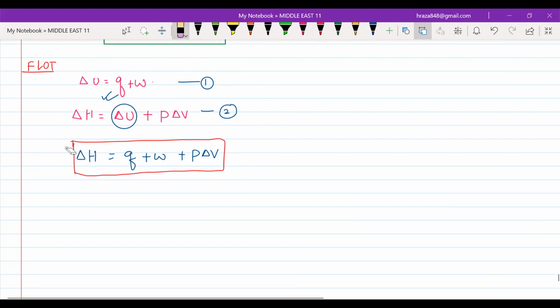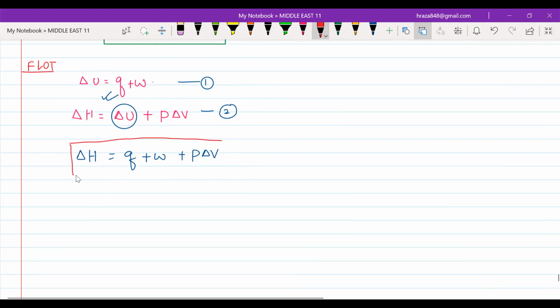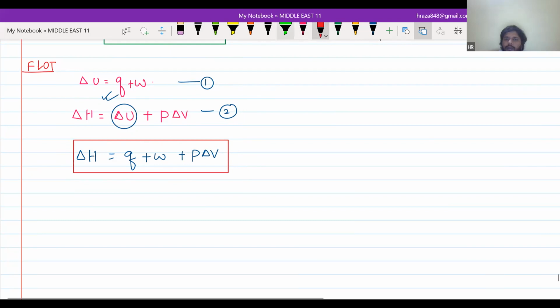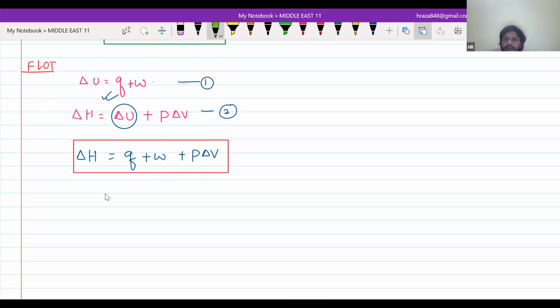Please tell me. What is the formula of W in terms of thermodynamics? If we are studying thermodynamics, W is equal to what? Minus P delta V. So delta H equals Q, and here W equals minus P delta V from the formula, right?